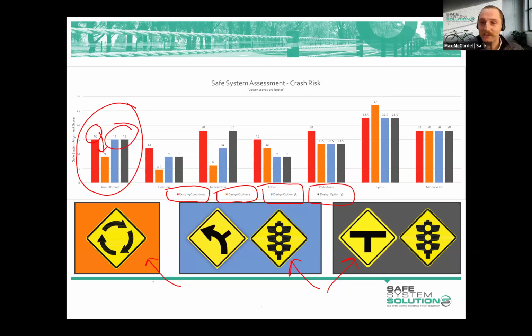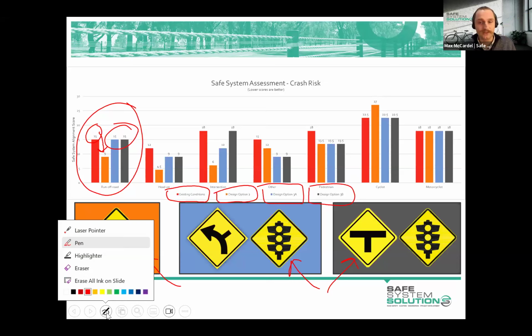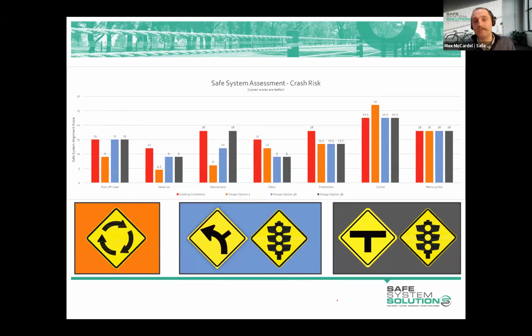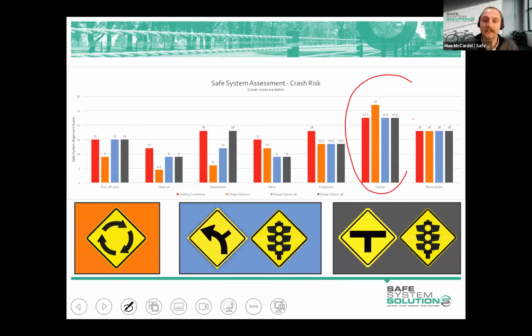You can work your way along each of those crash types and quickly identify which areas of the possible road trauma that could occur are being improved by designs or hopefully not made worse. But an example of that made worse is actually in the cyclist category. And we can see the roundabout condition, that proposed design is eliciting a higher safe system assessment score.